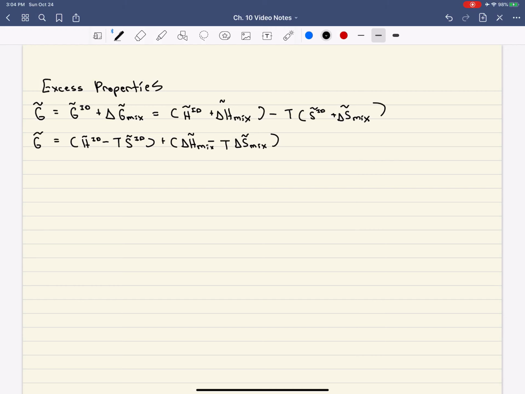Now for the ideal solution enthalpy and entropy, those values would just be the weighted average of the molar enthalpy and entropies of the pure species, where C is the number of components in the mixture.